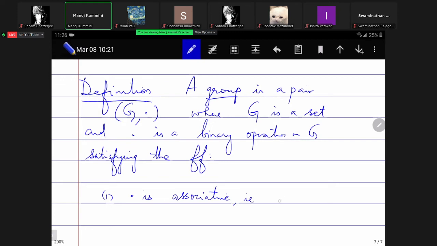That is, (AB)C equals A(BC). As I said, when the operation is denoted with a dot, we often omit it in the notation, just for the sake of conciseness.